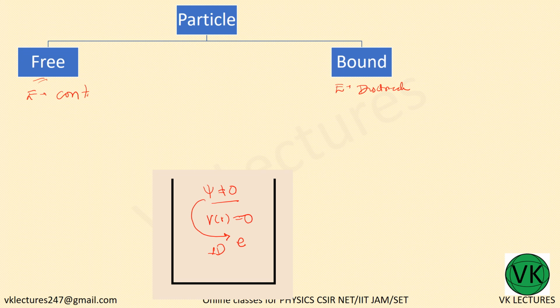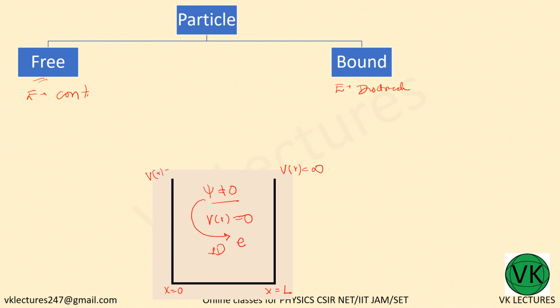The wave function not equal to 0 means there is a particle inside this box, and at the extreme ends, that is x equal to 0 and x equal to L, the length of the box, your potential V of r is equal to infinity.